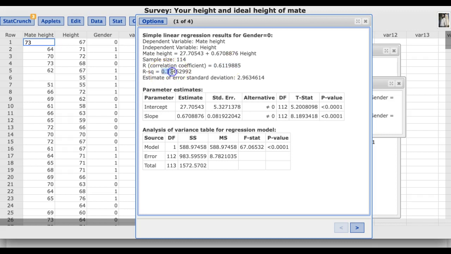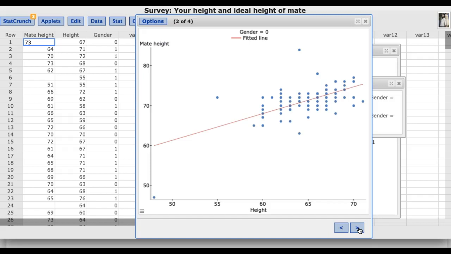And this 0.37 indicates that 37% of the variation in height of mate is explained by the height of the respondent. If we want to find the predicted height of mate, this is the equation we use. We're not really talking about the p-values, but they indicate that we have a good model. And if we were to fit this over the data, this is what it would look like.